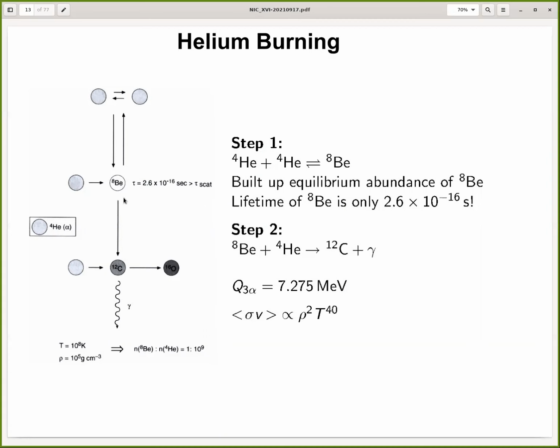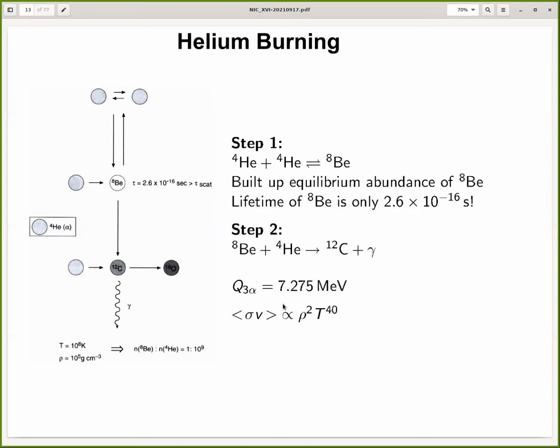You build up a very low equilibrium abundance of this beryllium-8. It can capture another alpha particle sometimes on top of that, and then it can de-excite, emitting a photon, and make carbon-12. So this is a 2-step process. You first make equilibrium abundance beryllium-8, and then capture another alpha particle and make carbon-12.